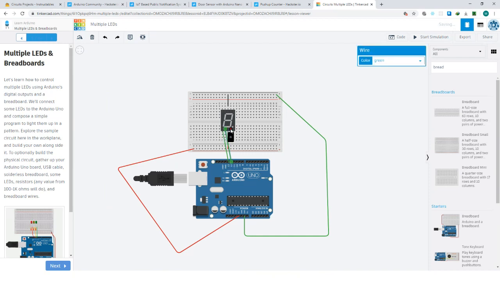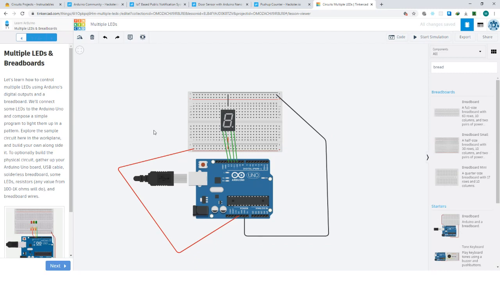And then common is already connected. Then we have C. Let us connect this to pin 11. Then the decimal point, let us put it on pin 10. We may need the decimal point if we need to connect it. And this wire should look black, so that when we're using the green, we are aware of what we're doing. So that is how it should be.